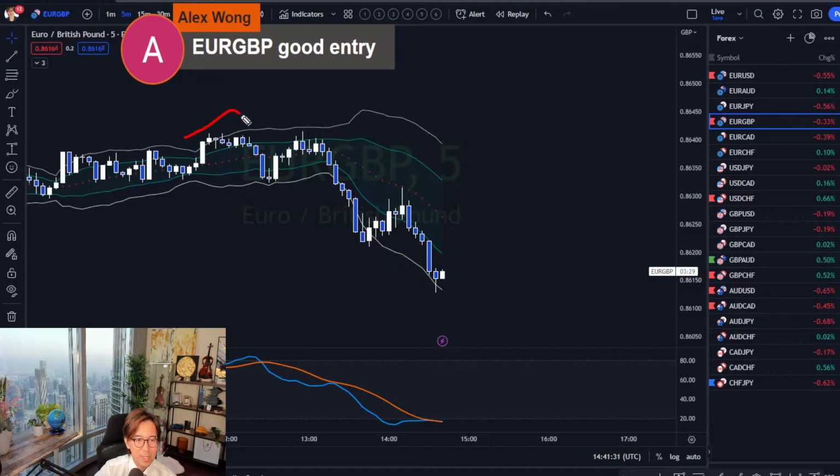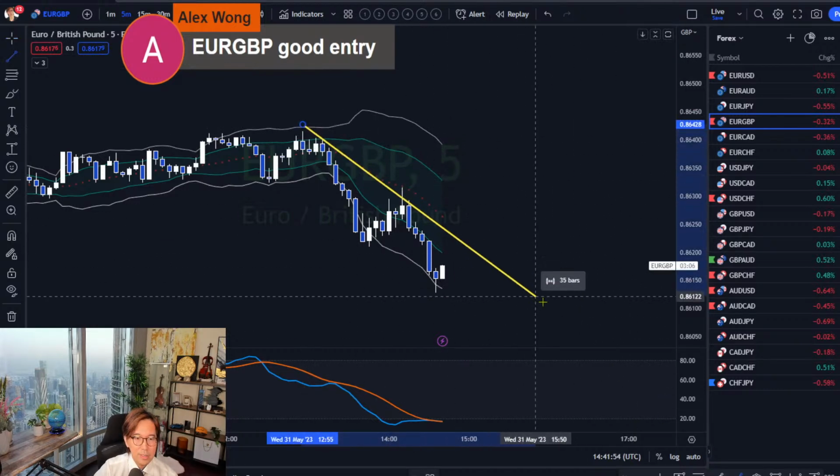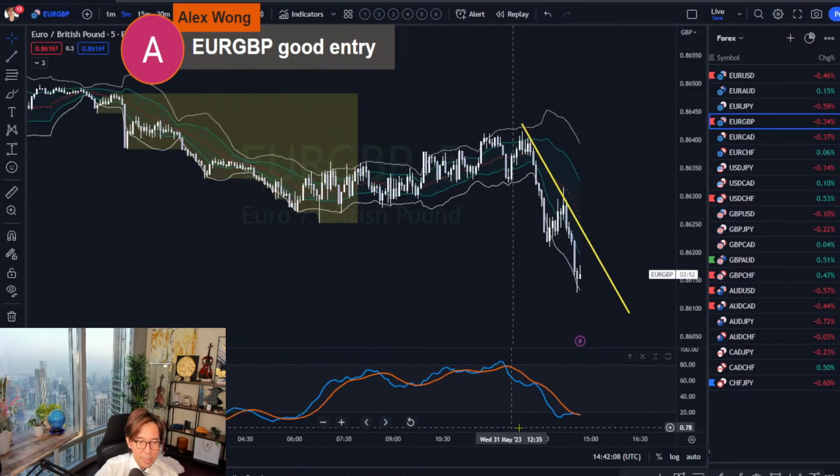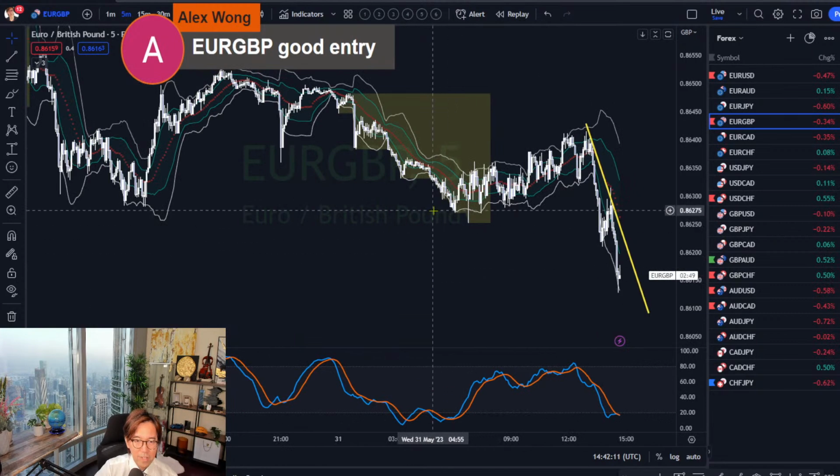Before there was a double top and the neckline breakout, and this neckline became the resistance. So this is a reversal pattern. So yeah, this market is now downtrend. Since right now it's showing a bullish bar, you might want to wait for the market to retrace to the trend line and then maybe sell. And let me just in case check the previous market.